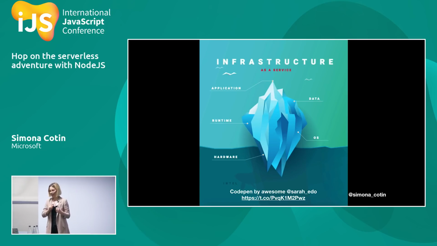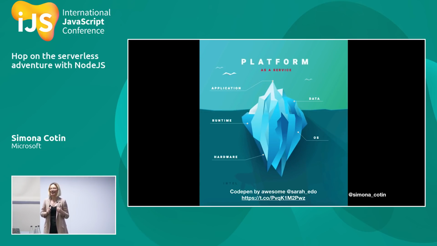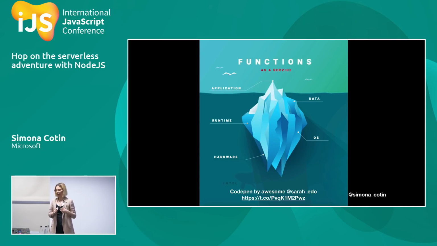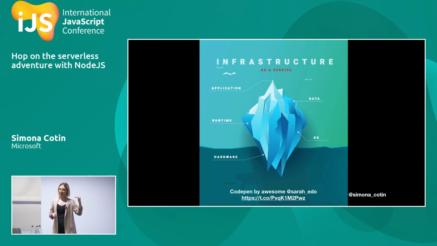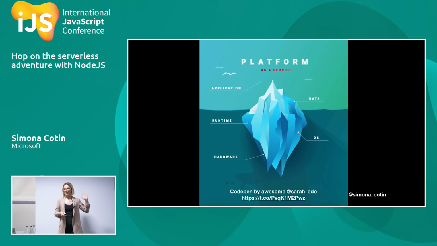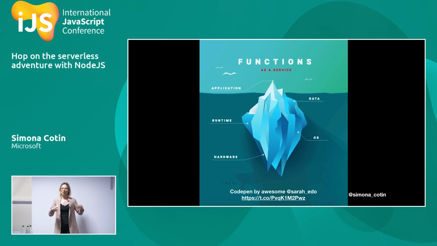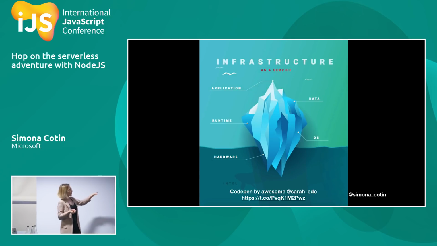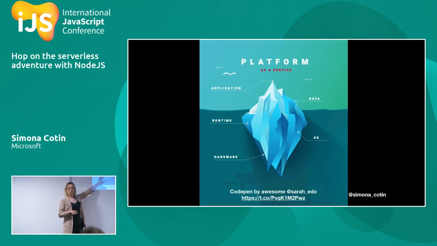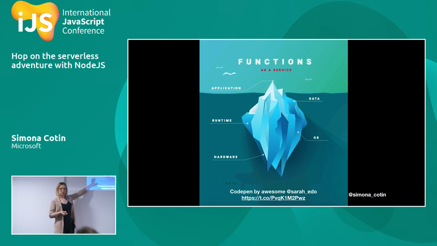This is an amazing animation that our colleague Sarah Dresner has built. She is basically just showing the evolution from infrastructure as a service to function as a service. So back in the day when we started, we used to buy our own hardware, but then cloud providers decided that there's actually a business in making sure that people have the hardware that's required for their business.